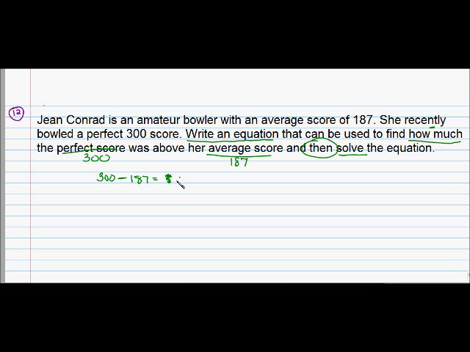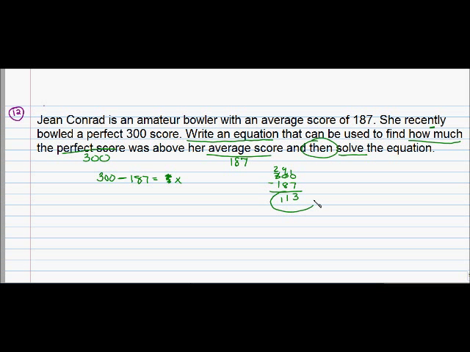So that's one equation we can do. And 300 minus 187, borrow the 10, the 30 turns into 29. 10 minus 7 is 3. 9 minus 8 is 1. 2 minus 1 is 1. So we know the difference is 113.